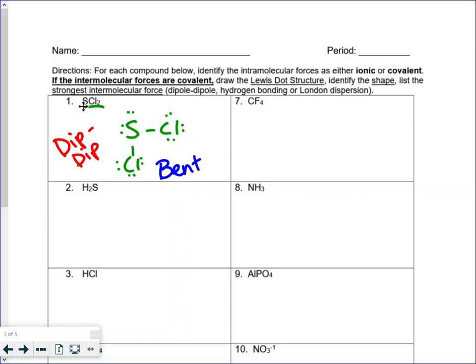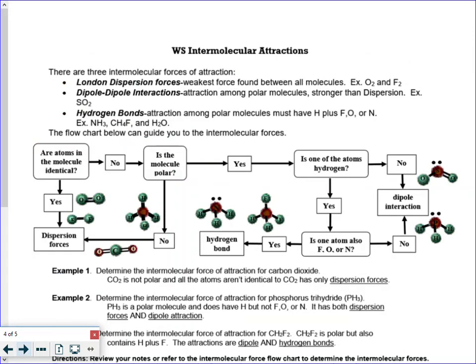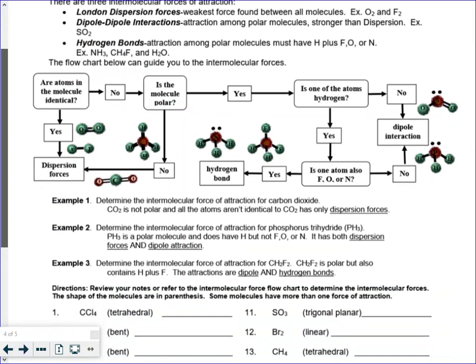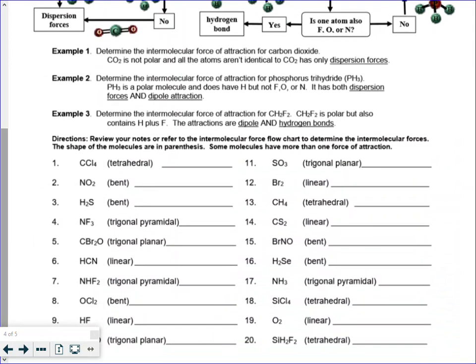And then on the other sheet that you have here, this one has a nice also provided flow chart for you to follow. Okay? But this is supposed to be honing your skills of being able to look at the formula to help you identify the shape immediately. Then you can identify the force. So try to follow how the shape is identified based off of the formula here. CCl4, that's tetrahedral.